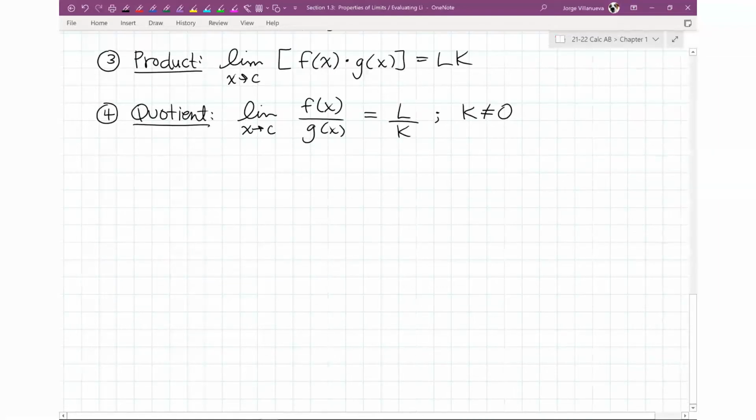And then they do have the power rule, so last one here. So limit as x approaches c of f of x to the n will be L to the n.